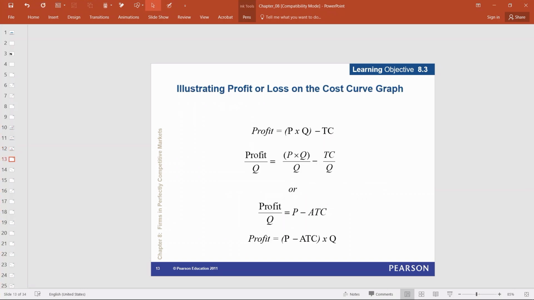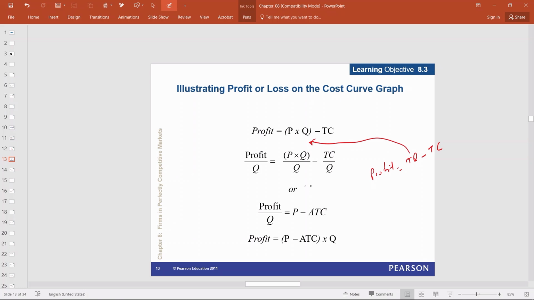This is another mathematical presentation of how to define profits. We define profits as total revenue minus total cost. And total revenue is price multiplied by Q, as it is here.